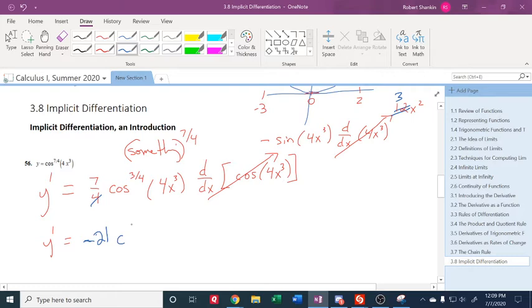Then there's going to be an x squared from way back here. Cosine to the 3/4 of 4x cubed times the sine of 4x cubed, and that's going to be it. Any questions on that one?